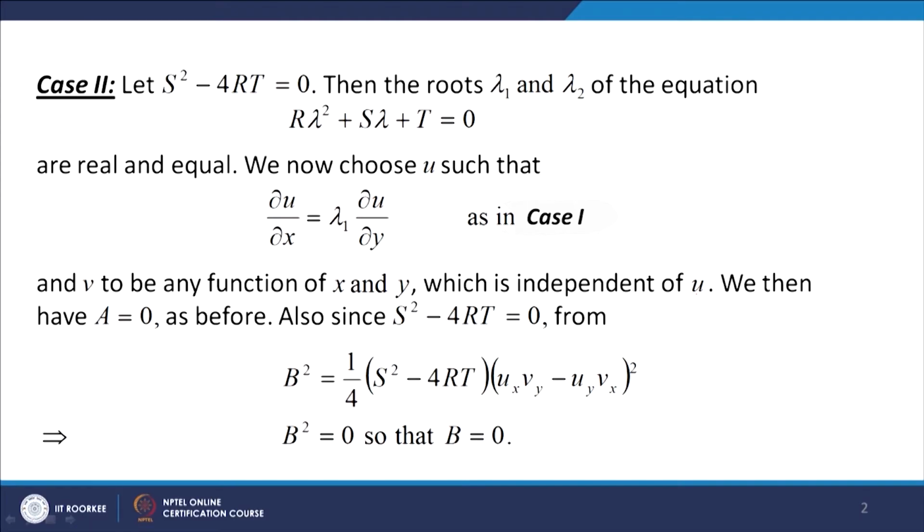Now we have a equal to 0 because the choice of u x equal to lambda 1 u y makes a equal to 0, as you have seen in case 1.